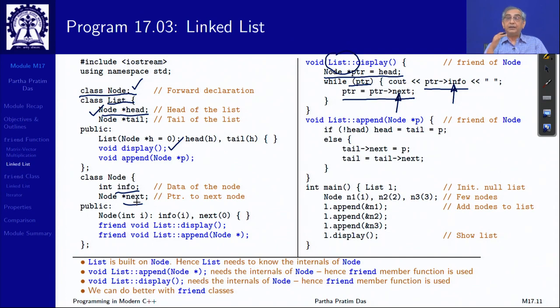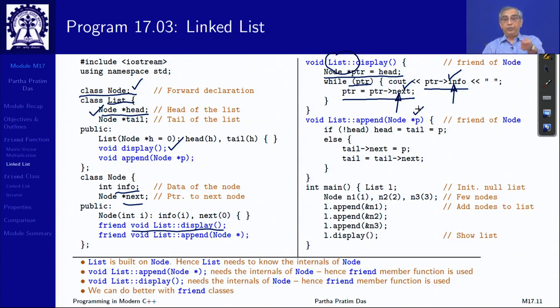So, to allow that, what I do is I make this member function, list::display, a friend of node. When I make it a friend of node, the compiler will allow this function to access the private data members, or private member functions, here that is not there, of the node class. Similarly, I have an append to do.